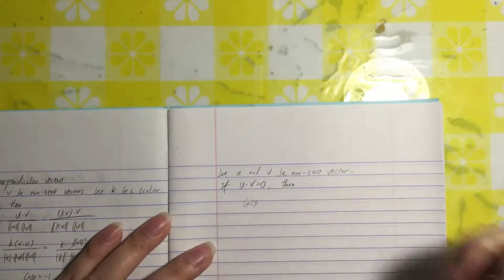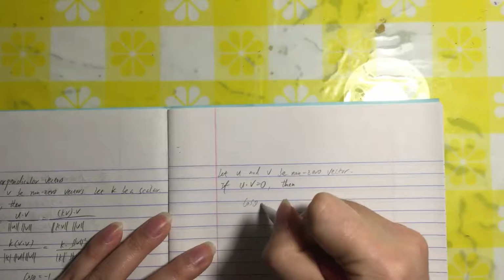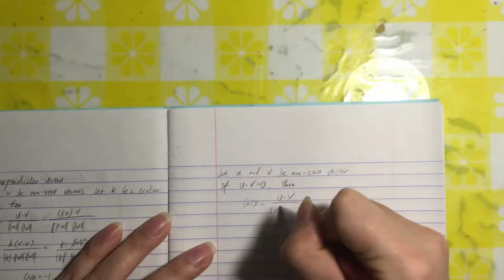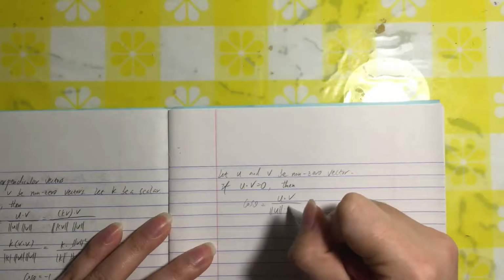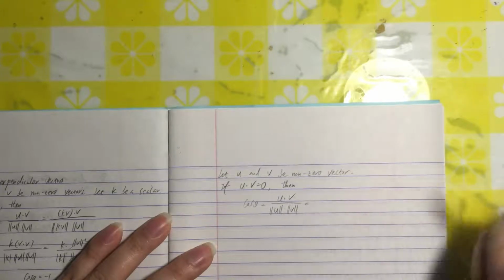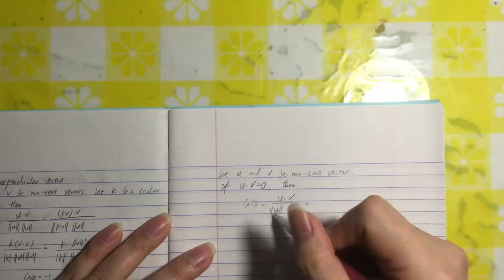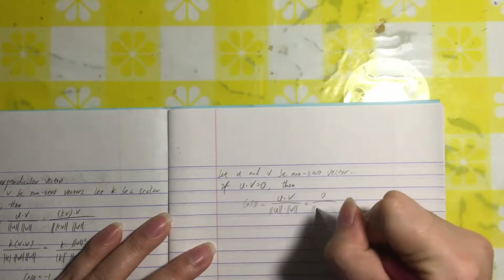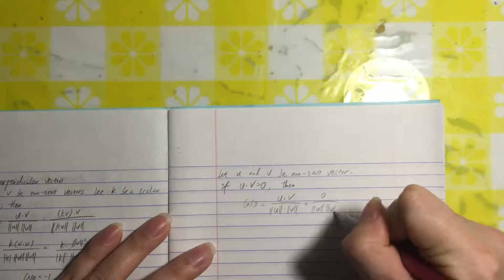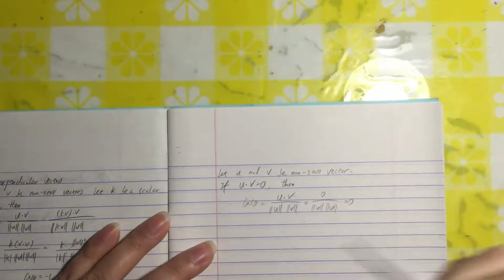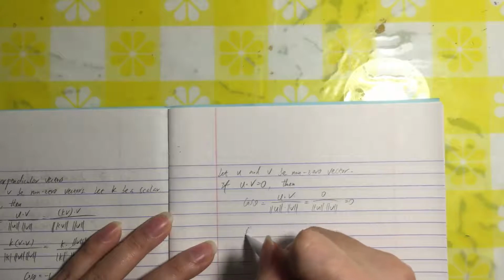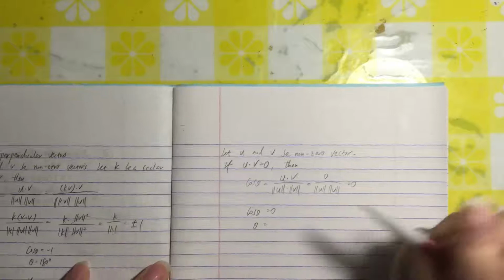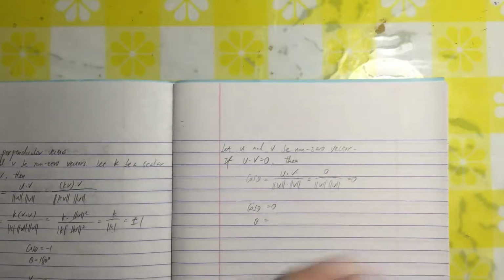We know that cosine theta is the dot product u dot v over the norm of u times the norm of v. Since u and v are non-zero vectors, the denominator is not 0, but the numerator is 0. Zero over a non-zero number is always 0. If cosine theta is 0, what's theta?